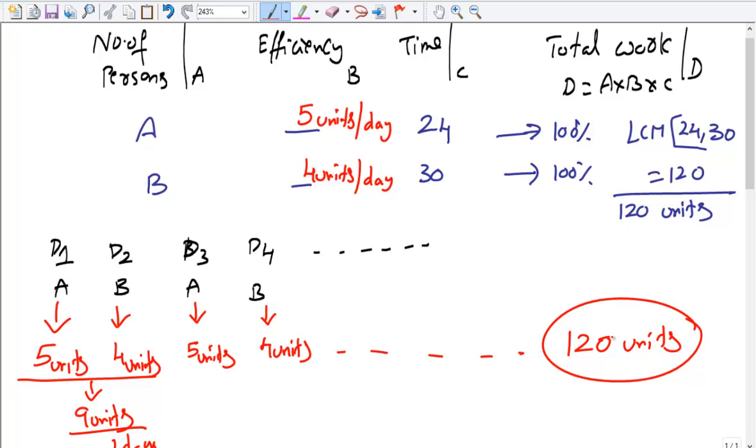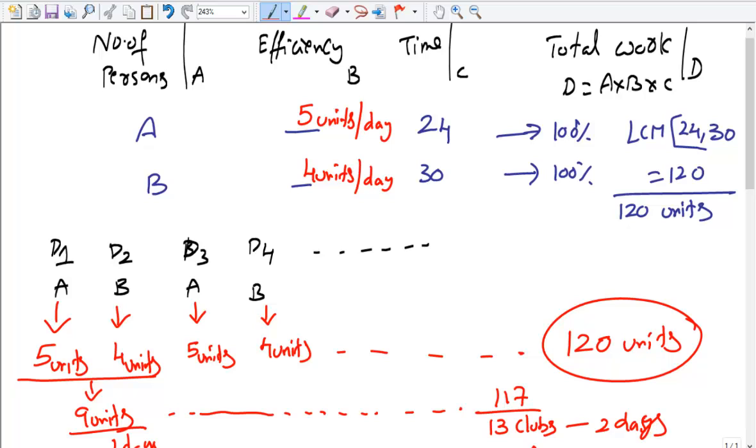What we can do is take a multiple of 9 which is nearest to 120 and lower than 120. So 117 is a multiple of 9, which is exactly 13 clubs. Each club, we know, is 2 days.